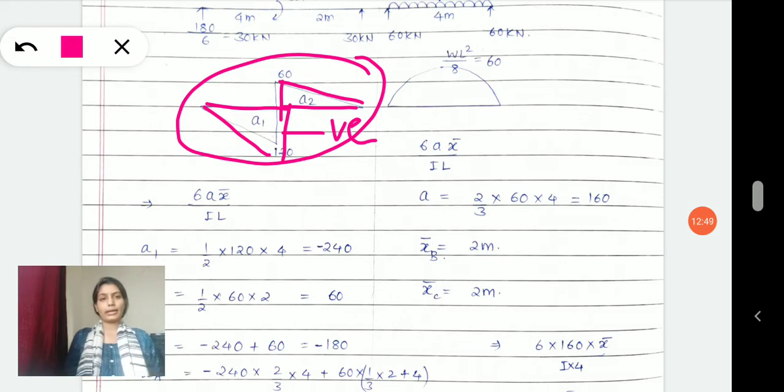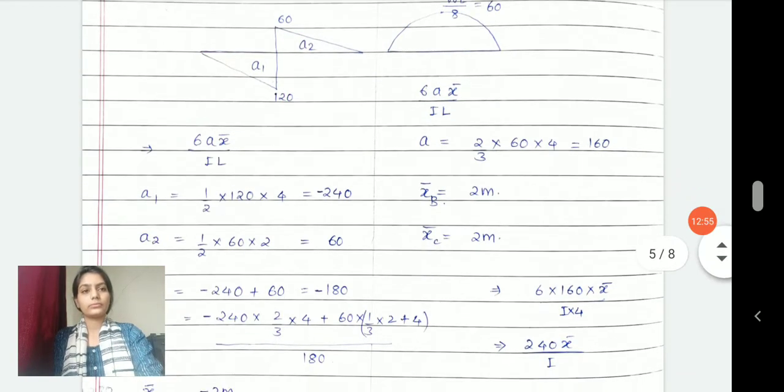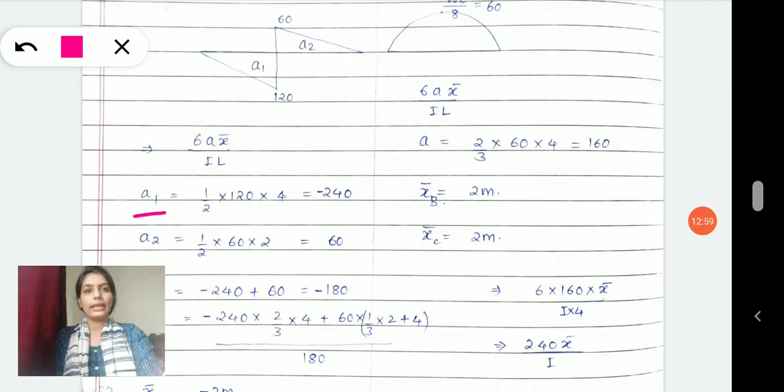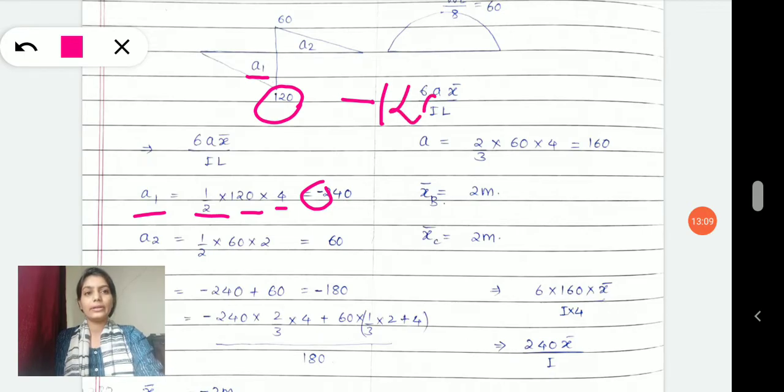Therefore, in the calculation, see here, A1 area will be 1/2 of 120 into 4, but I have written it with a negative sign. Why? Because the magnitude 120 is negative in nature. Why negative? Because it is developing a hogging bending moment.